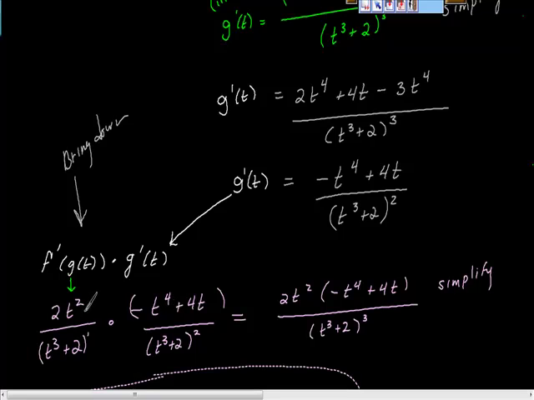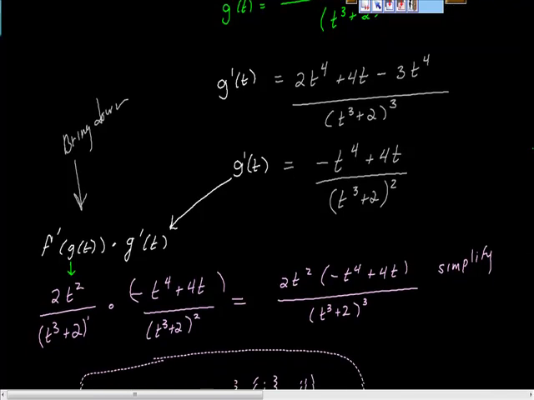And if we multiply this piece times this one, because it's f prime at g of t times g prime at t, we get this, don't we? So far, so good? I think so. And remember, if you're going to multiply t cubed plus 2 to the first power times t cubed plus 2 to the second power, we add the exponent values, and that's where this 3 came from here. So believe it or not, we have this derivative.